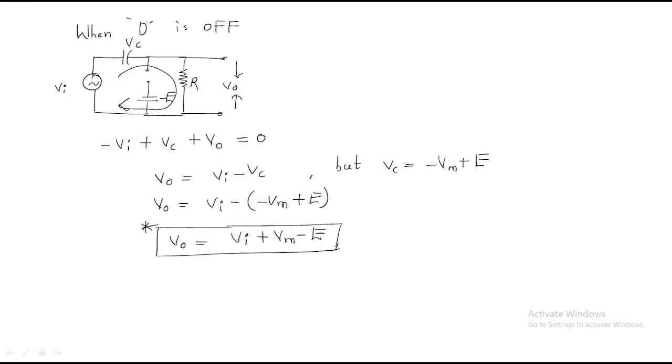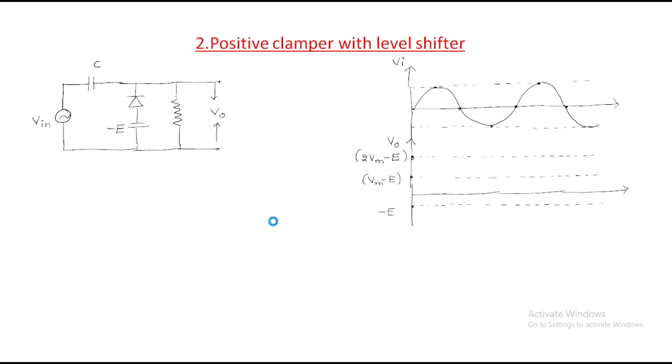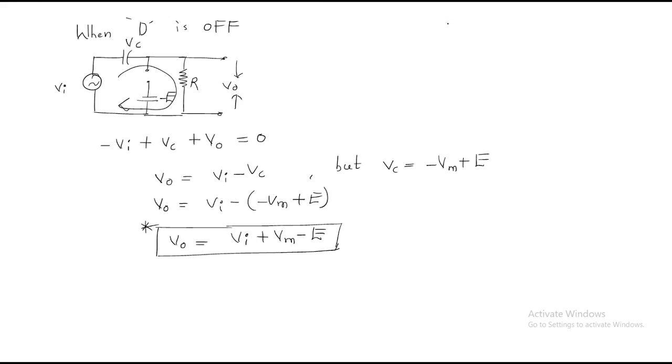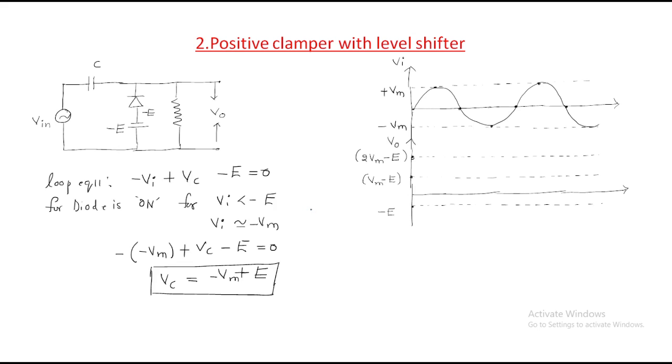In the previous case the output voltage was Vi plus Vm, but here the output voltage will become Vi plus Vm minus E. So minus E will be shifted.